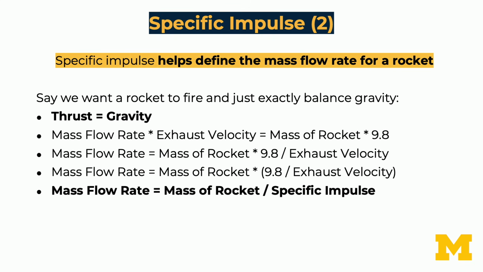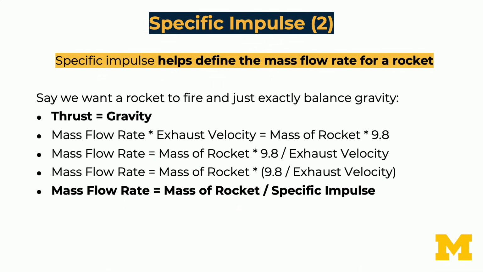If you write out the equation for this, thrust equals gravity, you have mass flow rate times the exhaust velocity equals mass of the rocket times 9.8, where 9.8 is gravity. You rearrange that and you get the mass flow rate is equal to the mass of the rocket divided by specific impulse. And so it's really easy to figure out what the minimum mass flow rate is to just balance there on the launch pad, given the mass of the rocket. If you increase that mass flow rate, you'll start rising up.